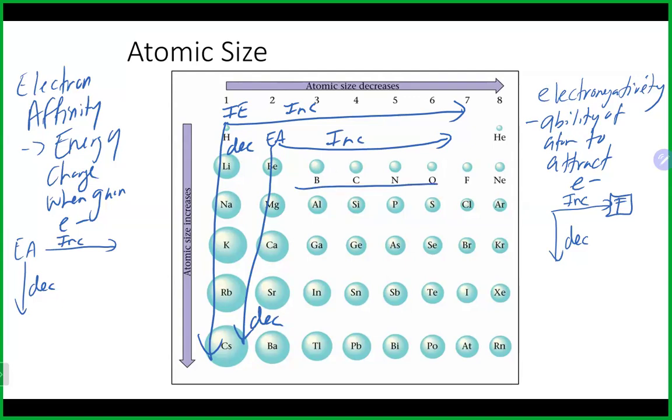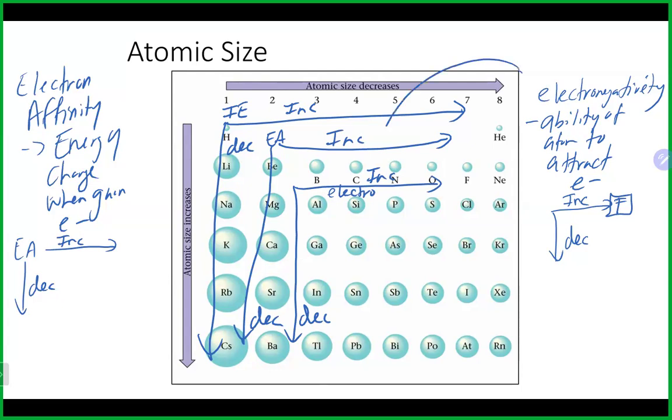Our electronegativity increases to the right, decreases down. We have our size, and what are we missing there? Electron affinity, ionization energy, size, and electronegativity. These trends all work together for what we see.